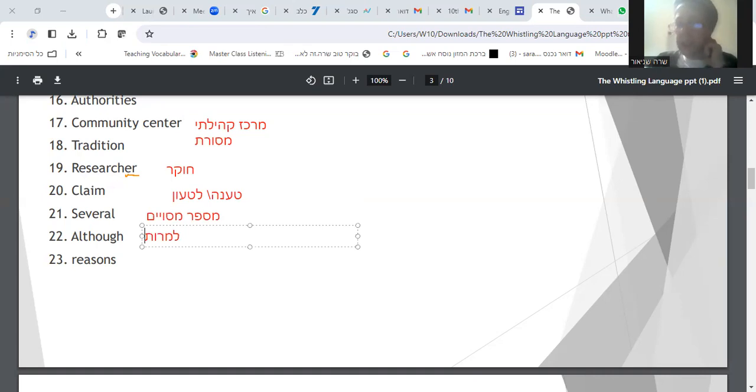Okay? למרות שהיא החשיבה את עצמה לאדם פשוט, היא עשתה דברים יוצאי דופן. So the word although, למרות, has a very important role because it takes one piece of information and it flips it and gives contradicting information.